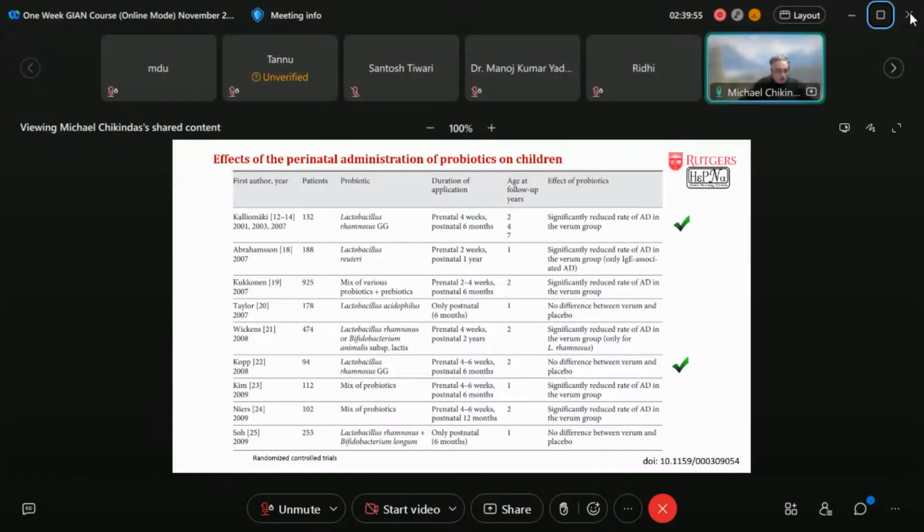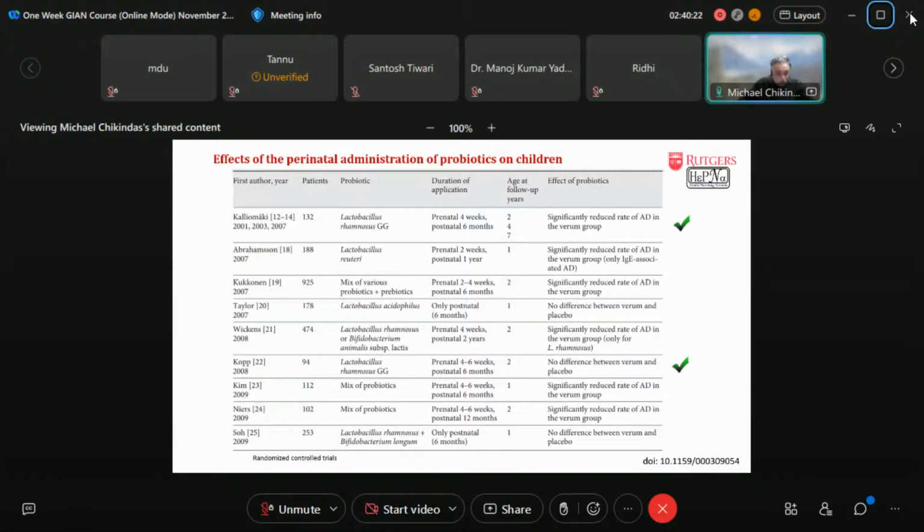When I tried to dig into these studies, the Kopp study and the Kalliomäki study, I couldn't really find any specific, well, there were some differences and similarities, but I couldn't find what specifically was so different that may influence the outcome of these otherwise similar scenarios.